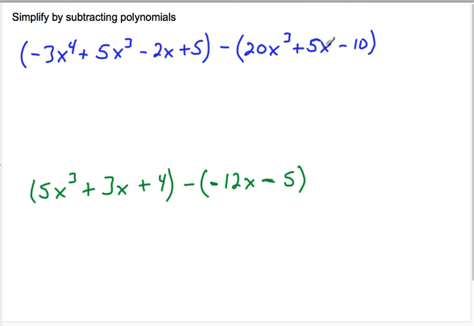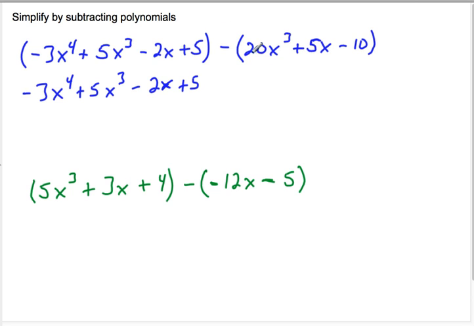In this one, we'll be subtracting this polynomial from this one. The parentheses don't actually do anything in the first polynomial because there's no sign out front, nothing to be added or subtracted, so we can just rewrite it without the parentheses. The second parentheses, however, do something, because they say all three of these terms need to be subtracted, or we need to take the opposite of all three terms.